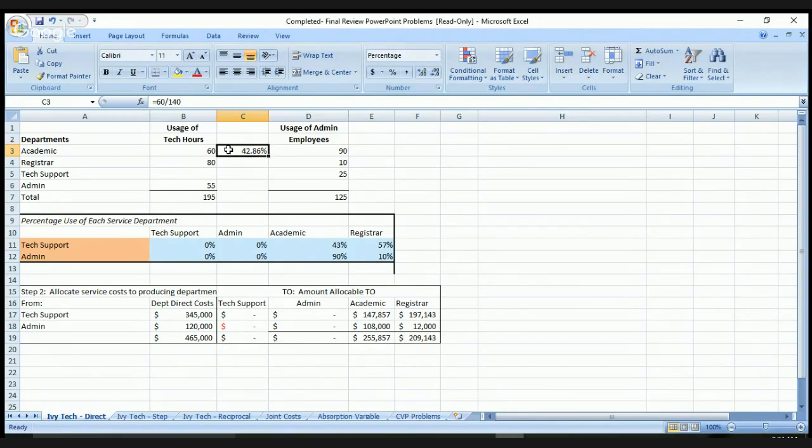I'm going to take that number and multiply it by the $345,000. Then I'm going to do the same thing with the 80. I'm going to take the 80 and divide it by 140. I get 57%. And so then I'm going to multiply that by the 345,000, and then that's how I get the 197.